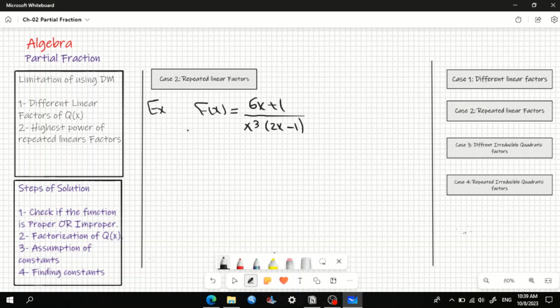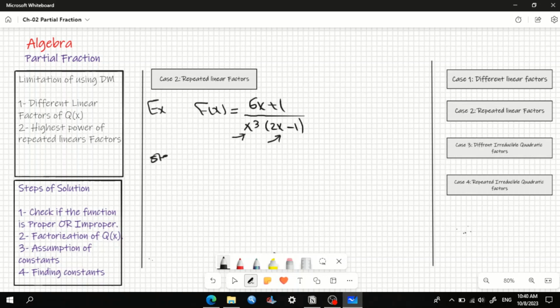So here we have a combination of case 1 and case 2, a repeated linear factor and a different linear factor. Okay, so let's start from the first step.